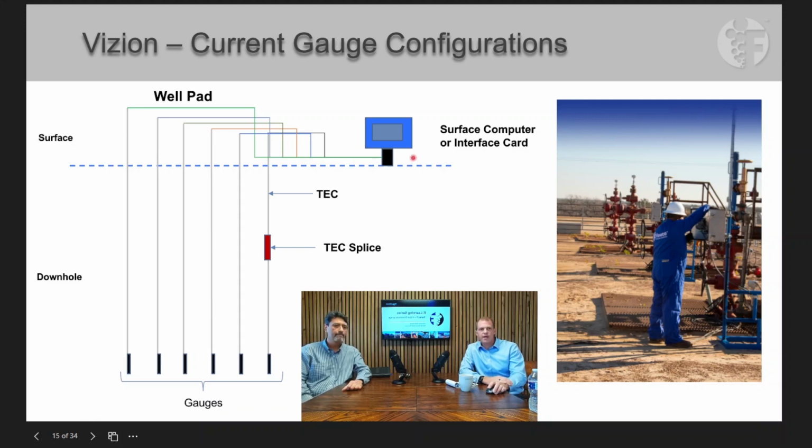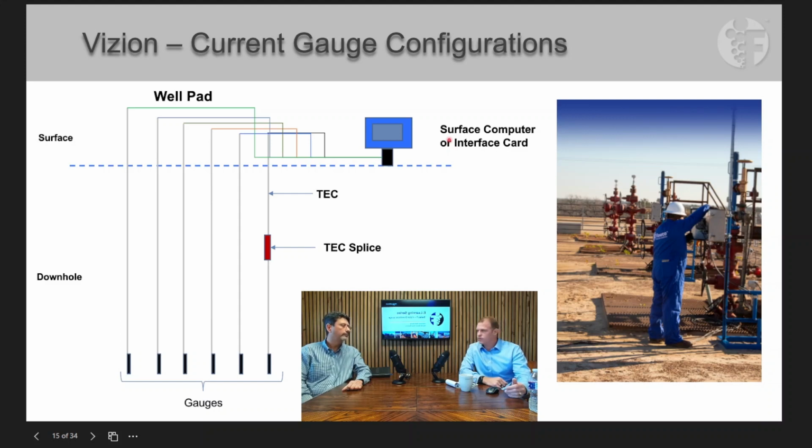Yeah. Okay. And you mentioned that you need to have that interface card for the gauge connect to its surface, and then that surface computer. And is that surface computer data logging that information, because a lot of times we see SCADA systems lose communications, right?